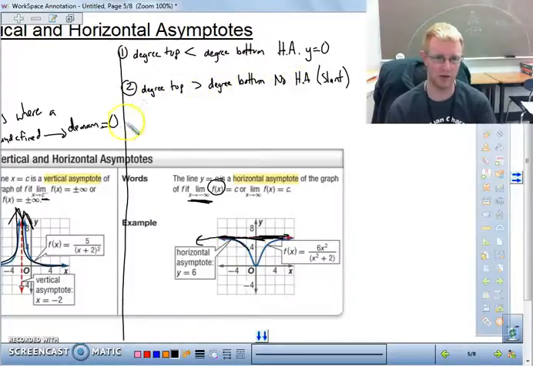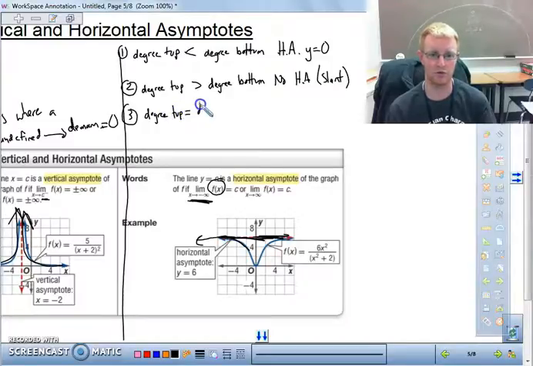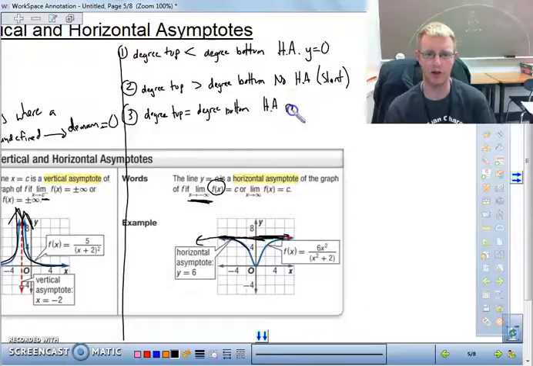We will have no horizontal asymptote. And if the degree of the top is equal to the degree of the bottom, then the horizontal asymptote will be the ratio of the leading coefficients. We'll call that leading coefficients.